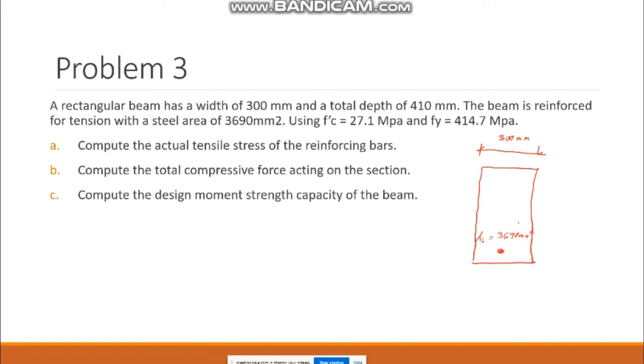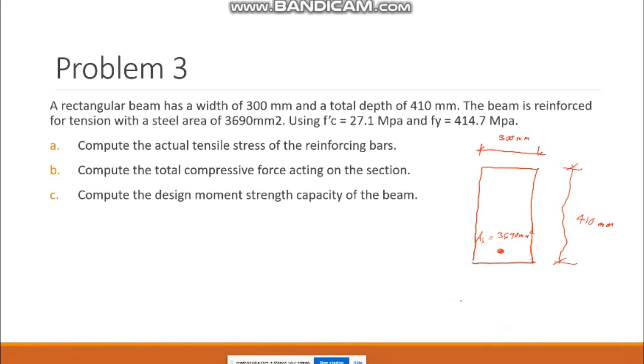Then we're given the total depth. This is actually very much h, the total depth, 410 millimeters.